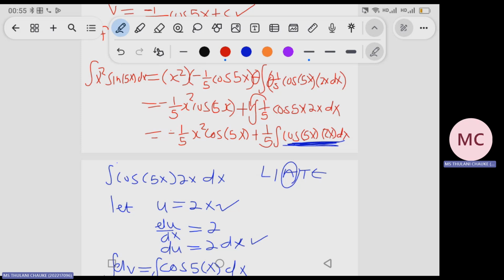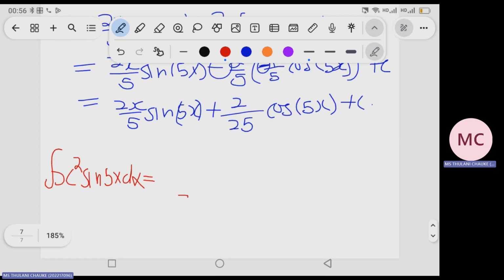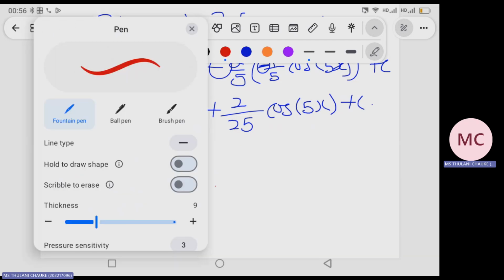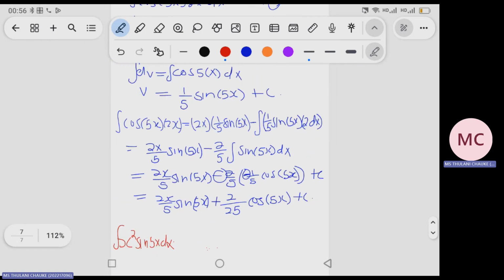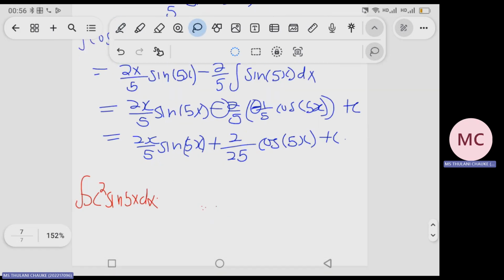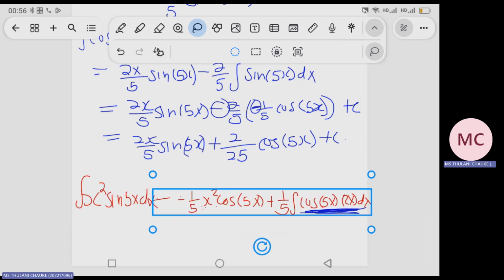So now I'll paste everything here. So we're having this.